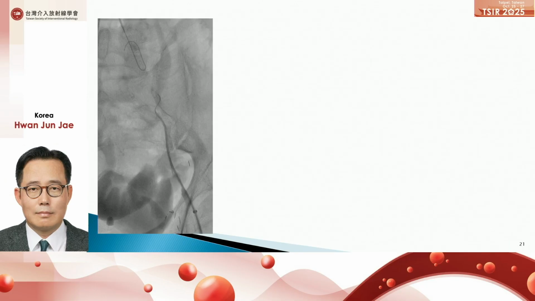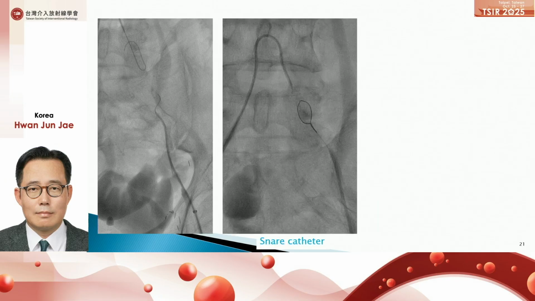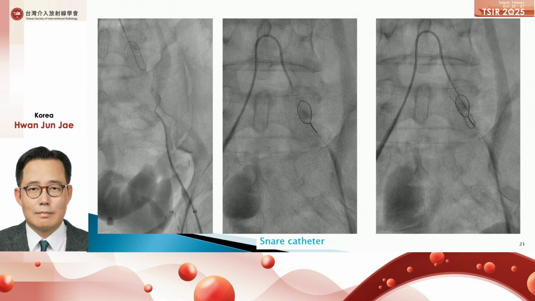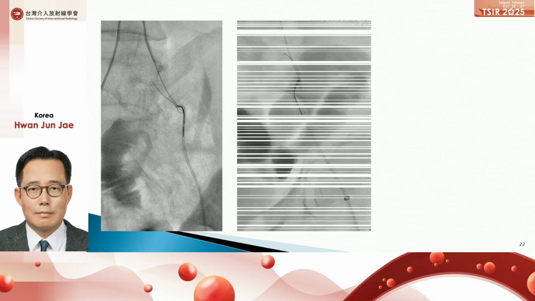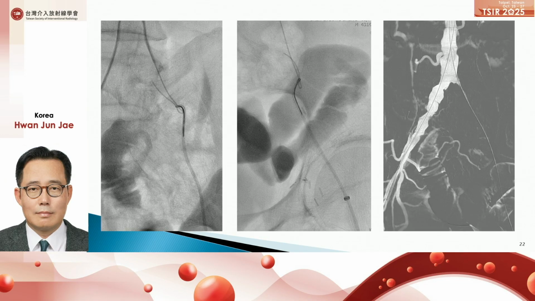So we are going down, and also going up from the ipsilateral femoral access, and we advanced a snare catheter and captured the wire loop from the contralateral approach, pulled it down and externalized it.